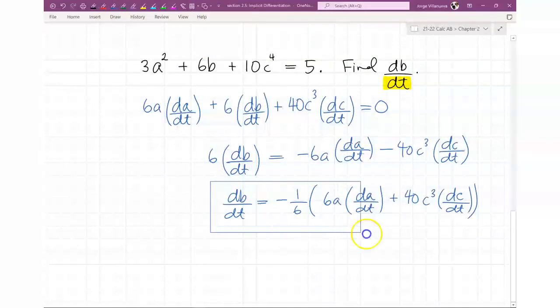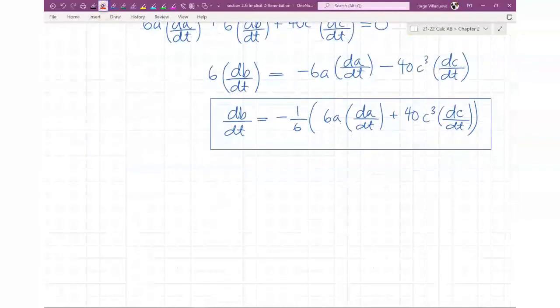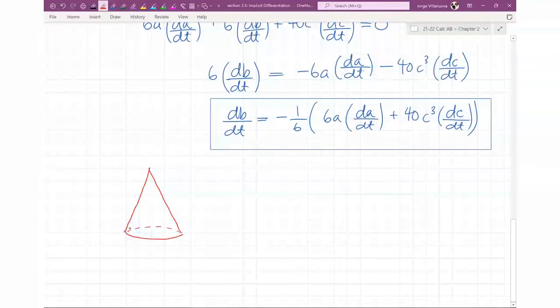Now, if you're like, this makes no sense, what exactly am I doing? It's prepping us for related rates. Because there's going to be a problem at some point where they're going to give us, let's say, a cone. To a cone we have a height, a radius.